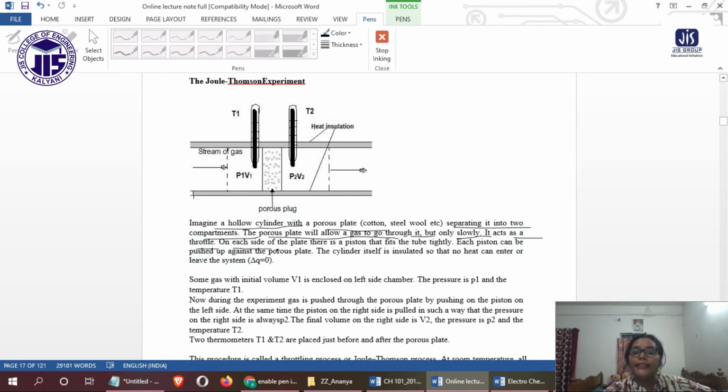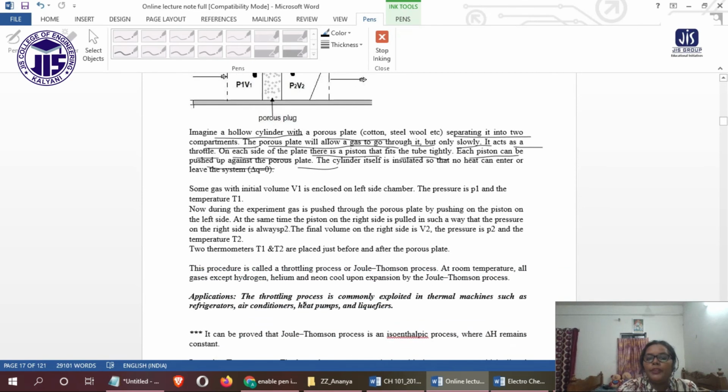On each side of the plate there is a piston that fits the tube tightly. Each piston can be pushed up against the porous plate, and the cylinder itself is insulated so that no heat can enter or leave the system. That means dQ equals 0.